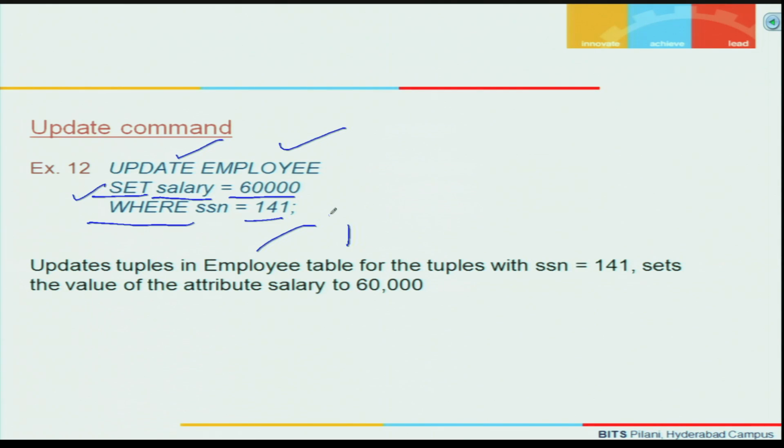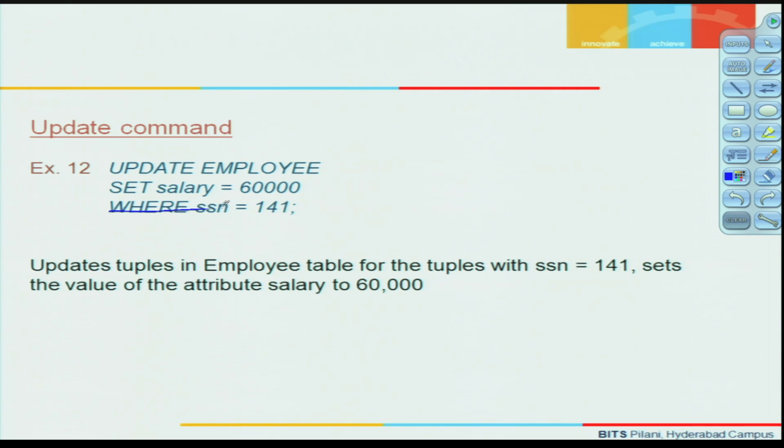And if I don't specify this where clause and simply end the SQL statement here, then all tuples in the employee table will evaluate to true, and automatically for every employee the salary value will be set to 60,000. So we need to be very careful about that.